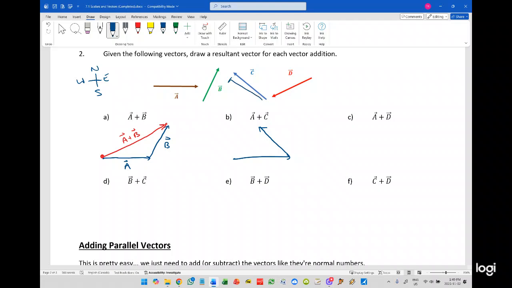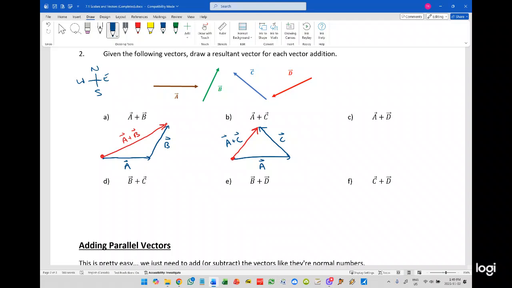I don't know if I'm getting the length or the direction precisely right, but as long as it's approximate, I think we're in good shape. Okay, so this was A. This is C. The addition of the two, A plus C, started here and ended up there. So this is A plus C.